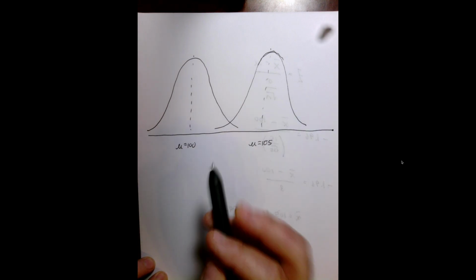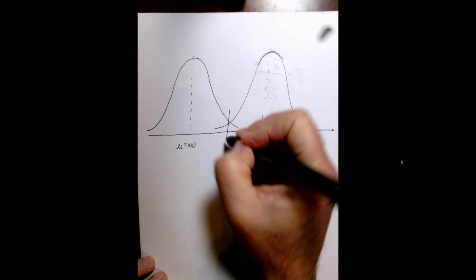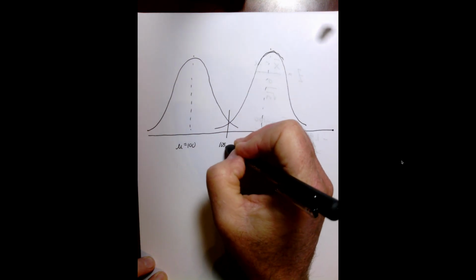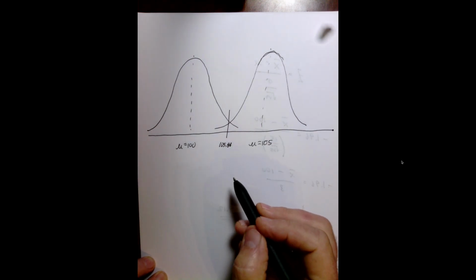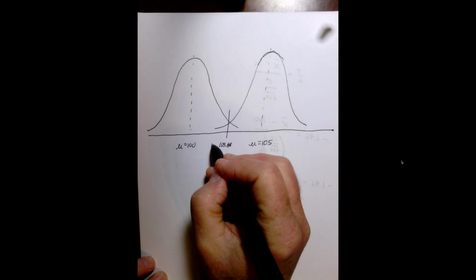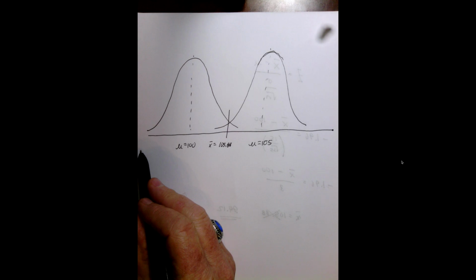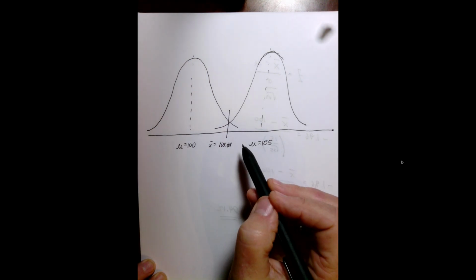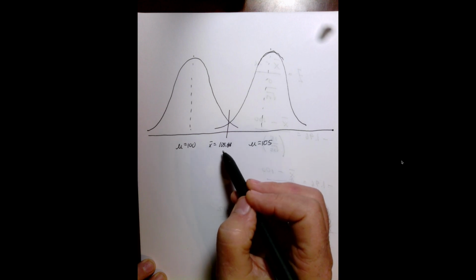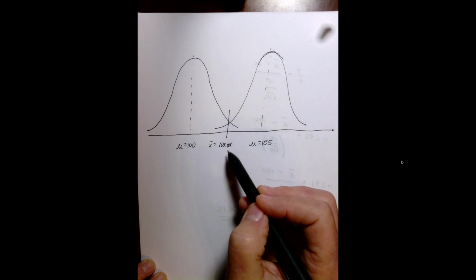We found out before that 105.88 played a pretty key role, right? So this is a sample mean. And of course, the X bar down here, 94.12, played a critical role because it separates the decision. It's the decision criteria.